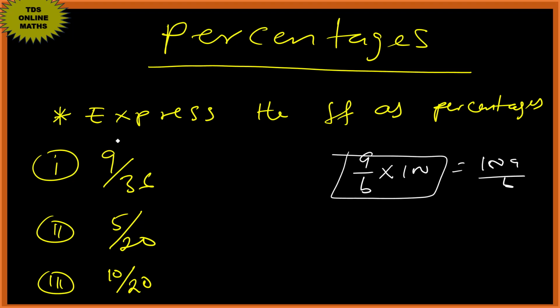So to express the following as percentages, just multiply by 100. So 9 here, 1, 9 here, 4. 4 into 100 is 25. So the answer is 25%.